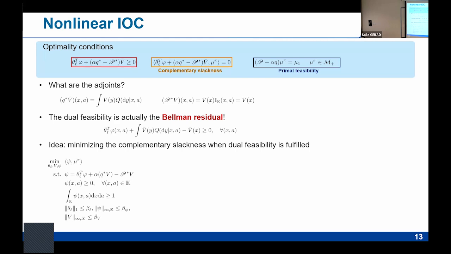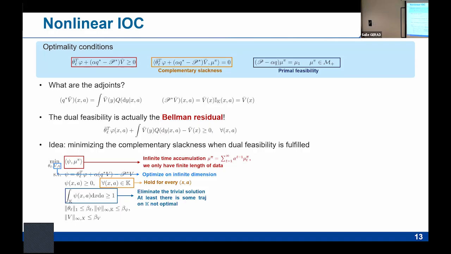All right, so this becomes the infinite time accumulation mu pi, and we only have a finite length of data, because mu pi is just an accumulation of infinite measures. And then you are optimizing over V and phi, per c, which are also in function spaces. You optimize over function spaces, and this has to hold for every x and a.